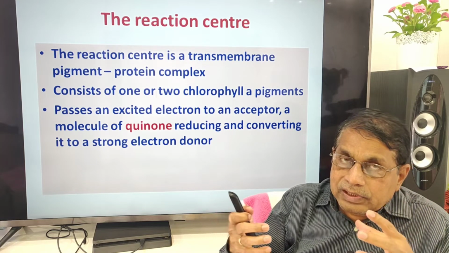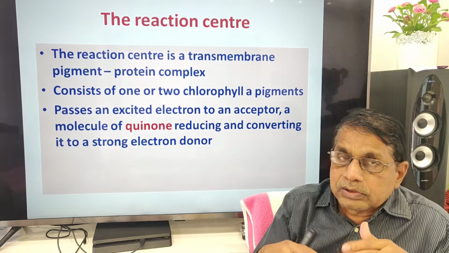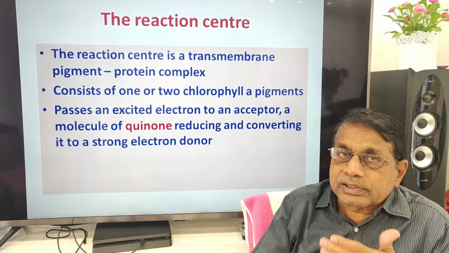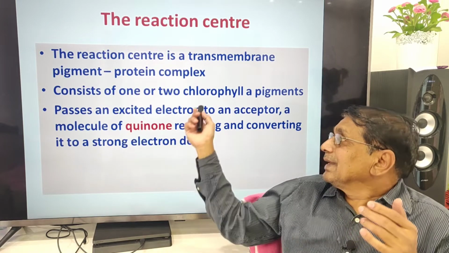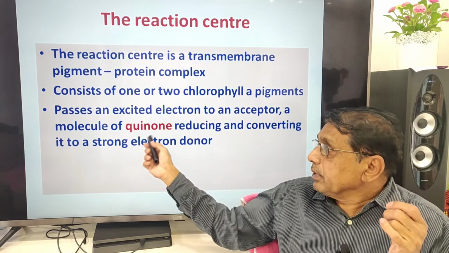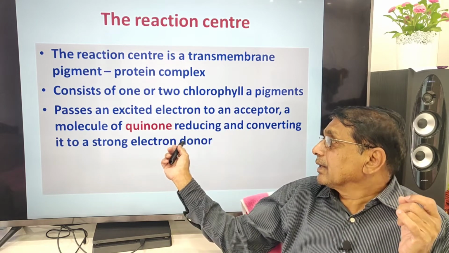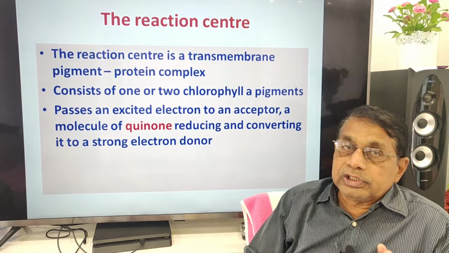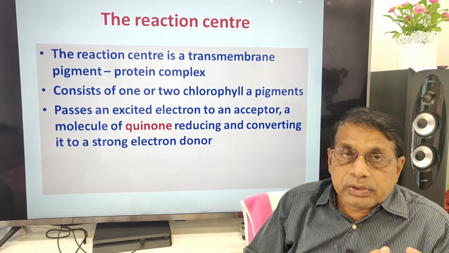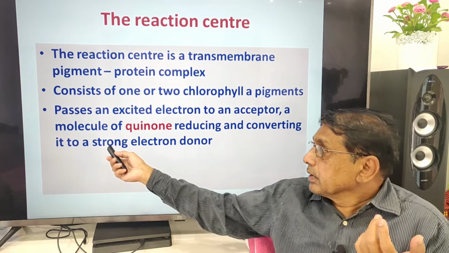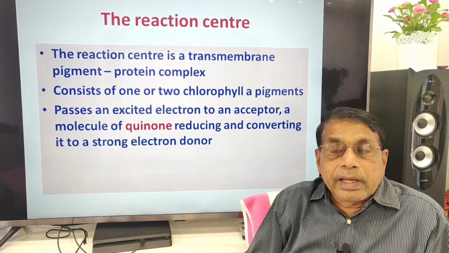When it collects the energy from the surrounding antenna molecules, it becomes excited, and in the excited state it tends to lose electrons. Those electrons are accepted by quinone, which is initially in the oxidized state; upon accepting the electrons it becomes reduced, a strong electron donor that can donate the electrons to other electron acceptors.